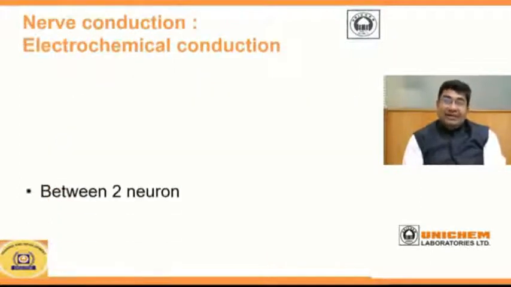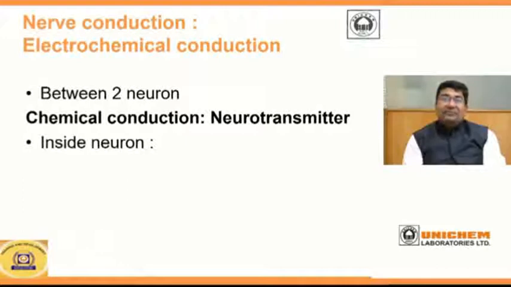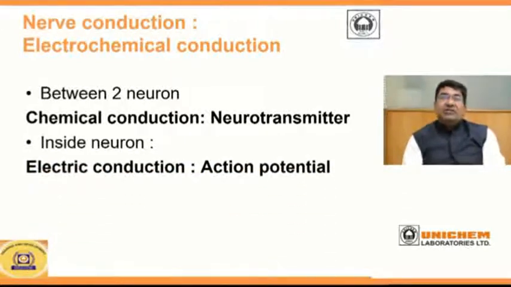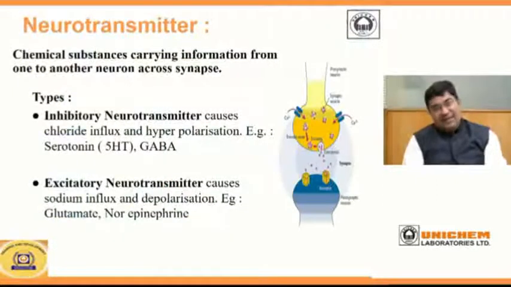While nerve conduction from one neuron to another neuron happens with some chemicals, and these chemicals are known as neurotransmitters. So neurotransmitters are chemical substances which carry impulse from one neuron to another neuron, and the link or gap between two neurons is called synapse or synaptic cleft.